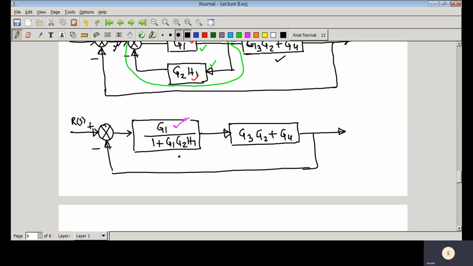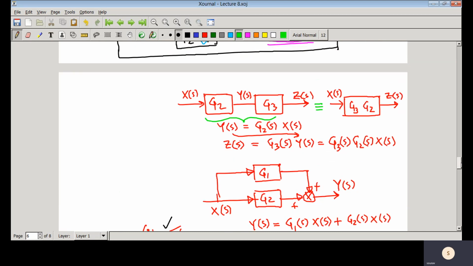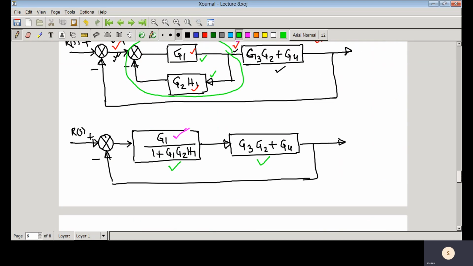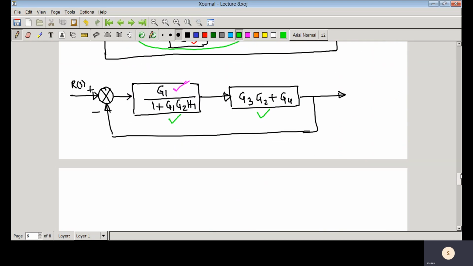Now these two transfer functions, this one and that one, are cascaded. Whenever they are cascaded, they will be in product form. So you can write the transfer function here. I am just writing it from this point to that point.